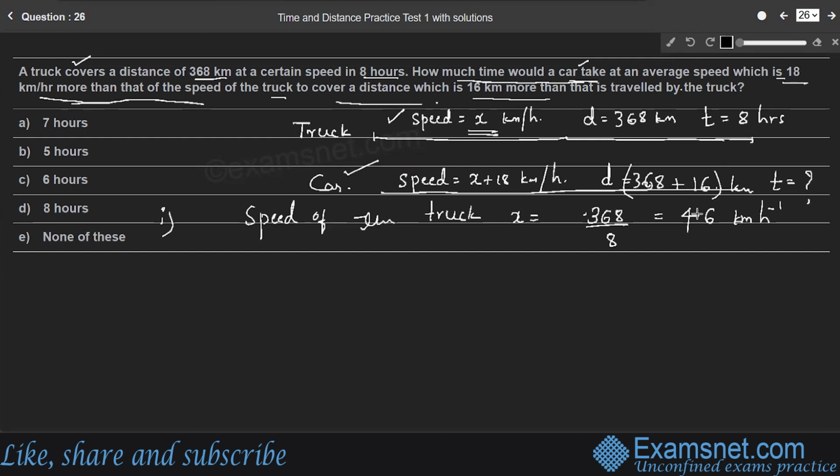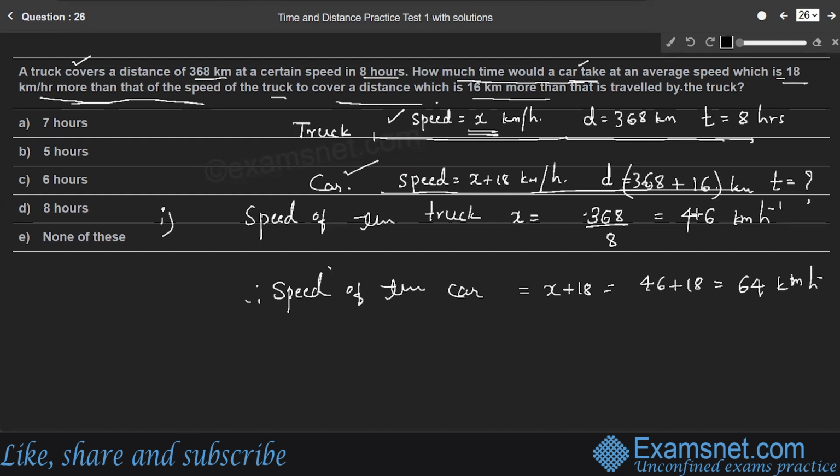So we need the speed of the car. Therefore, the speed of the car becomes x plus 18, so 46 plus 18, which is 64 kilometers per hour.